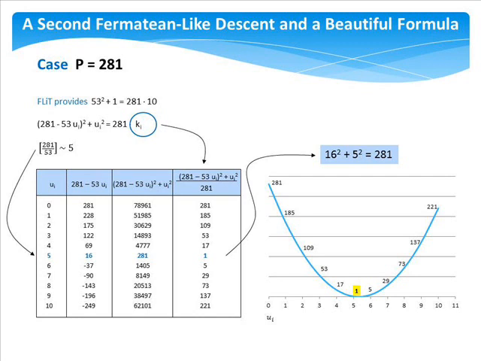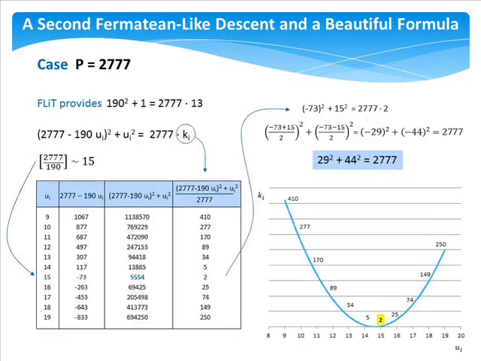In fact, the minimum value of 281 minus 53 times u sub i is reached when u sub i is the integer next to the 281 over 53 ratio, which is 5. You can see that in the table and in the graphic. So you find the desired solution: 16 squared plus 5 squared equals 281.